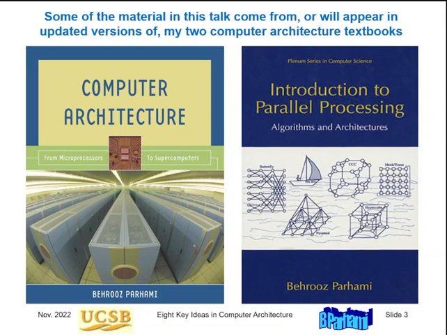Both of these books are now outdated, given how fast computer engineering moves, but I've maintained a list of updates to the books, and eventually I'm going to publish revised editions of both books. So in this talk I'm using some of those revised material as well, not just material from the books.